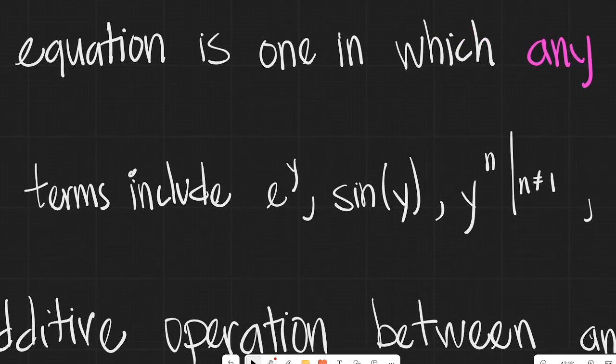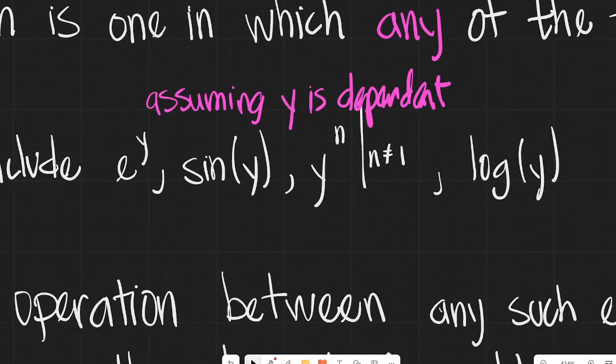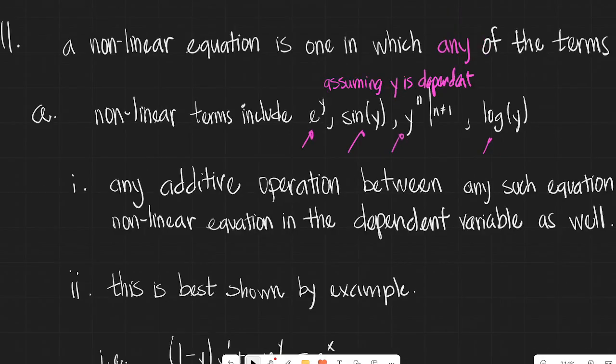Nonlinear terms that you'll see, assuming that y is the dependent variable, which it is in this whole lesson, you've got these nonlinear functions that involve y. Not good. y to the n when n is not equal to 1. Sine of y, that's trig, that's not linear. And e to the y is also not linear. Similarly with the logarithm and all variations of that, natural log and everything, those are all nonlinear terms.